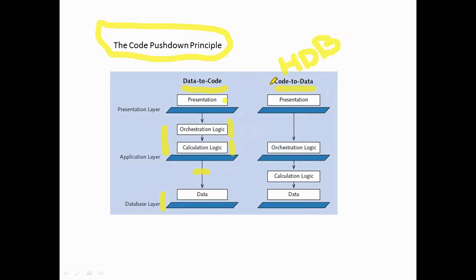What is this code to data? We have our regular presentation server, which is no different from the regular ones. In the application layer, you have only orchestration logic. The calculation logic has been completely moved to the database layer.